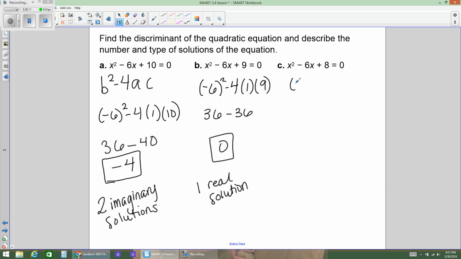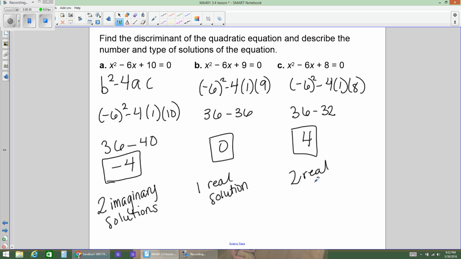Over here, b value is negative 6 again, minus 4 times a times c. That's 36 minus 32. That's a positive 4, meaning we have two real solutions.